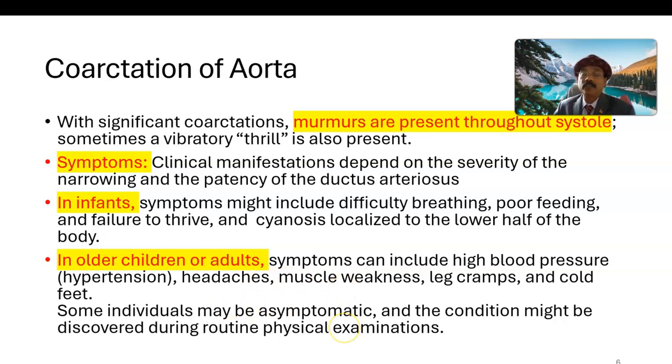There may be epistaxis because of high blood pressure in the upper part of the body, muscle weakness, leg cramp due to intermittent claudication, ischemic condition in the calf muscle, and cold feet because of lack of blood flow to the lower limb. Some individuals may be asymptomatic and the condition might be discovered during routine physical examination. They have minimal narrowing. They have coarctation, but it is not a very big constriction.